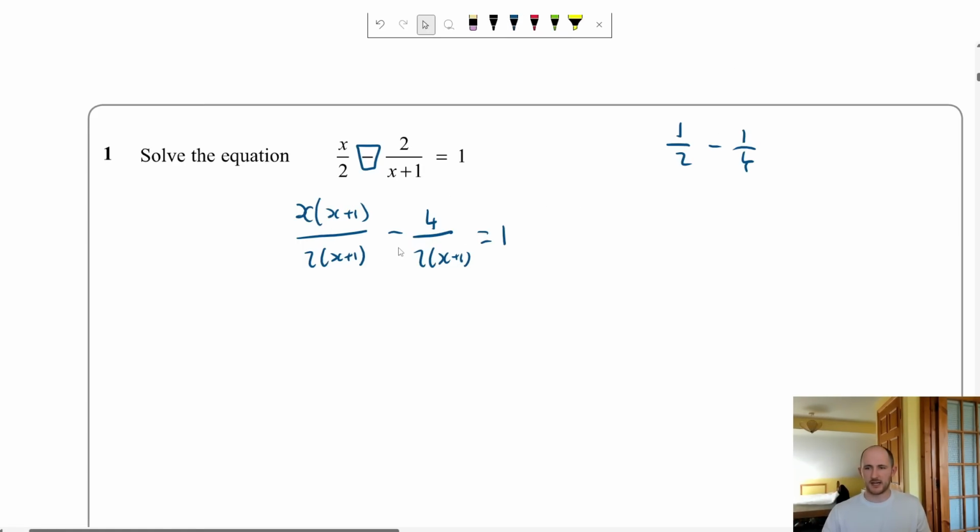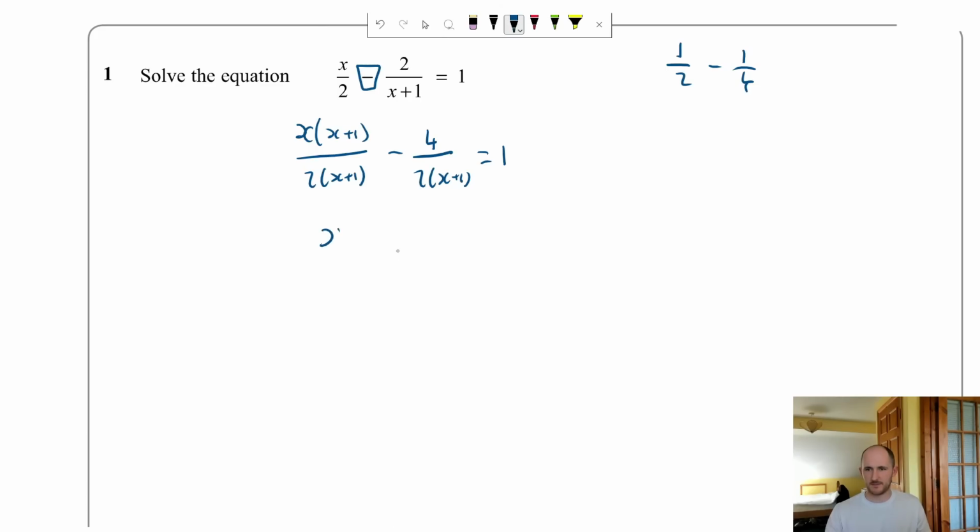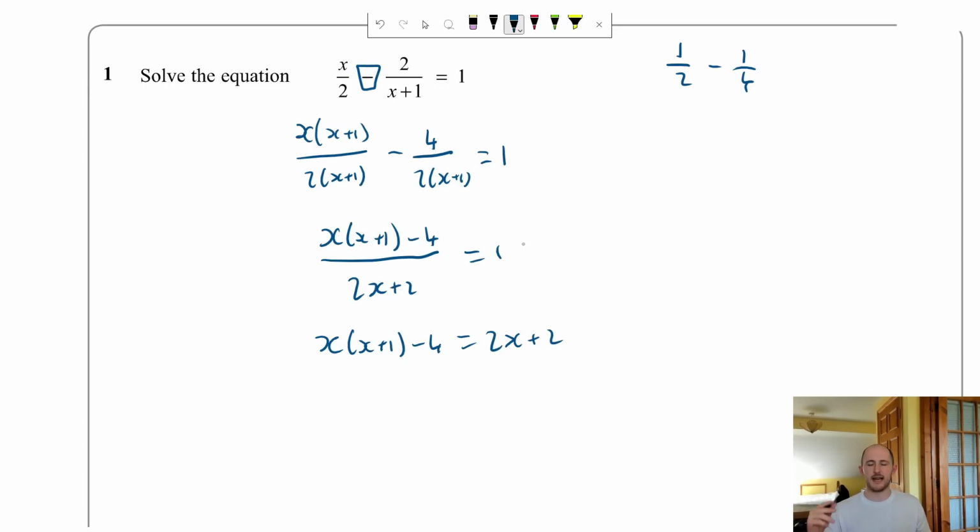After this, we can actually do the subtraction, so we have x plus 1 minus 4 over, let's just expand that bracket, it's going to be 2x plus 2. I'm going to times this up to this side, and now the equation becomes a lot easier to solve. So again, the goal here is to get a linear or quadratic equation that's fairly easy to solve.